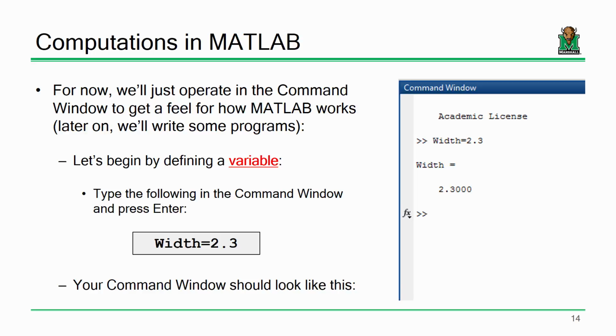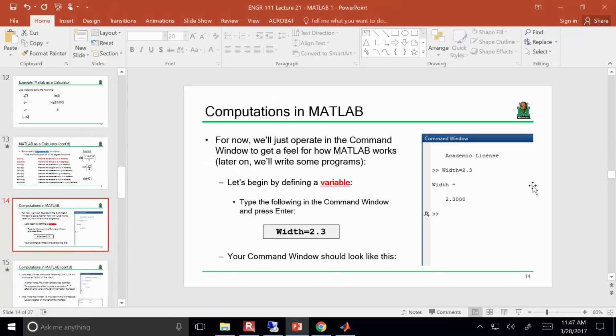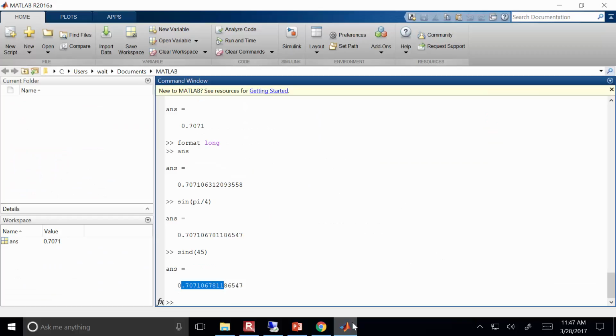Now, I'll point out it's case sensitive. So here we've got a capital W. If you try and call on that variable with a lowercase w, then it won't be able to respond. So here, once I define the width, W-I-D-T-H equals 2.3.